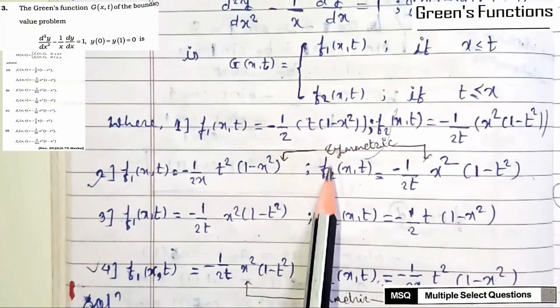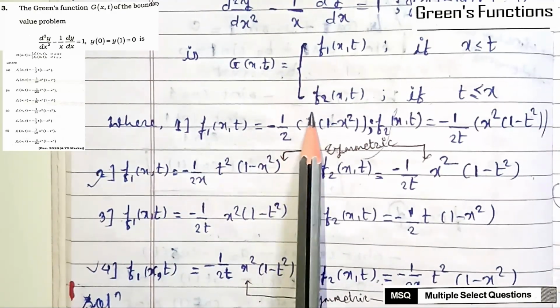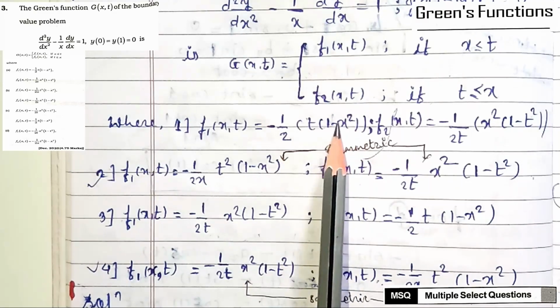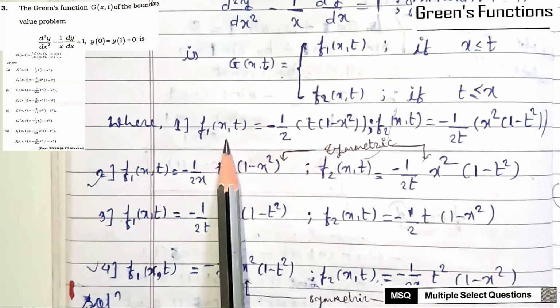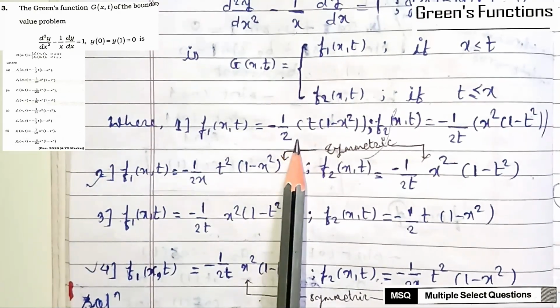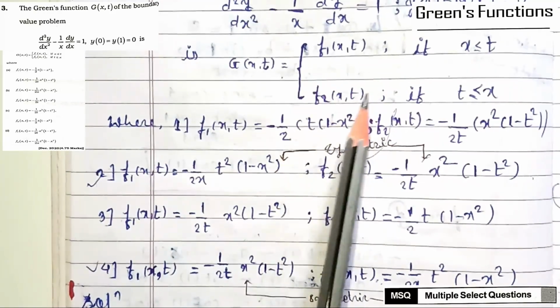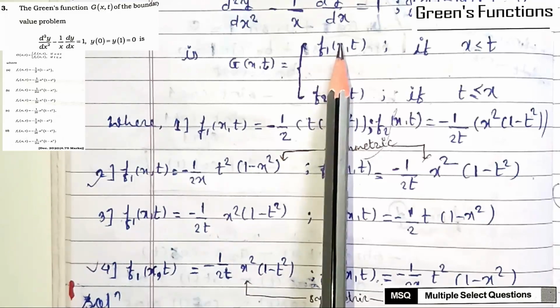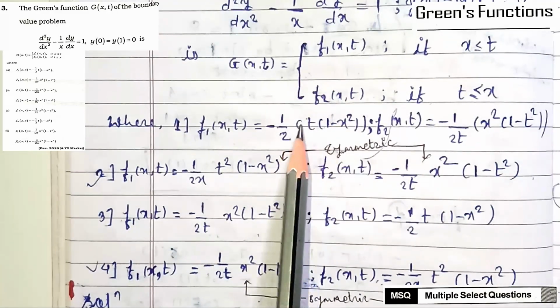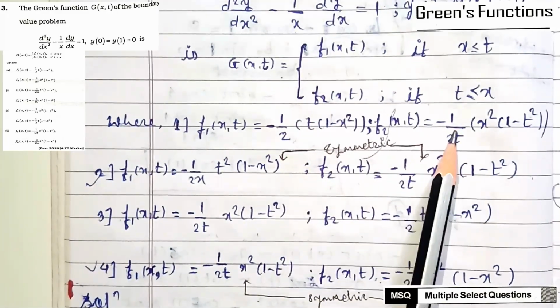So here we can check minus 1 upon 2 bracket t minus 1, t into 1 minus x square. This is the f1 of xt, the first function of the Green's function, and this one is the f2 of xt. Both of these need to be symmetric. So you may check here minus 1 upon 2t.